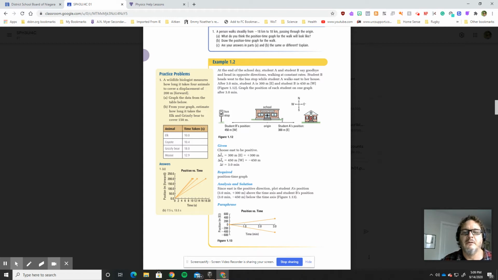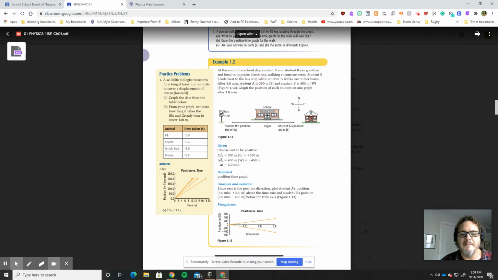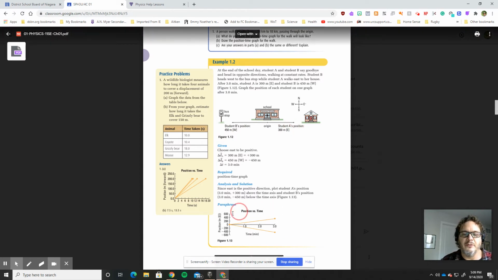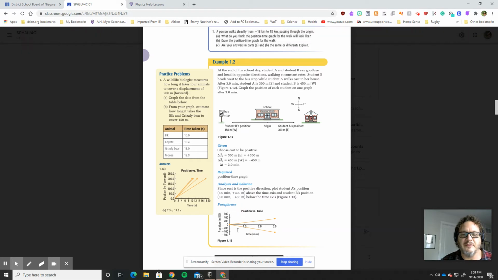Now you can tell that both students walked the same amount of time, but since student B went farther, their slope should be steeper. And since student B was going to the west, their slope should be in the opposite direction of student A. And so this graph down here tells us that. It tells us that they both walked for 3 minutes.